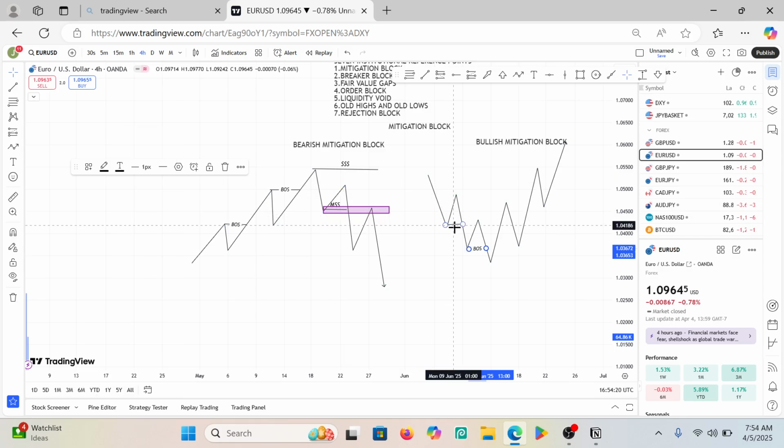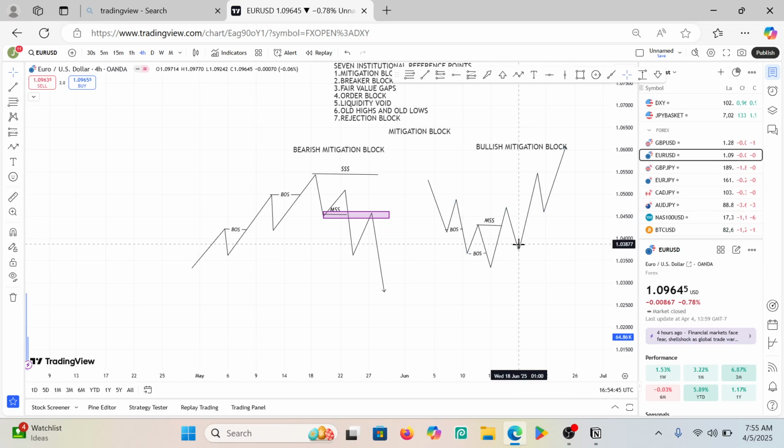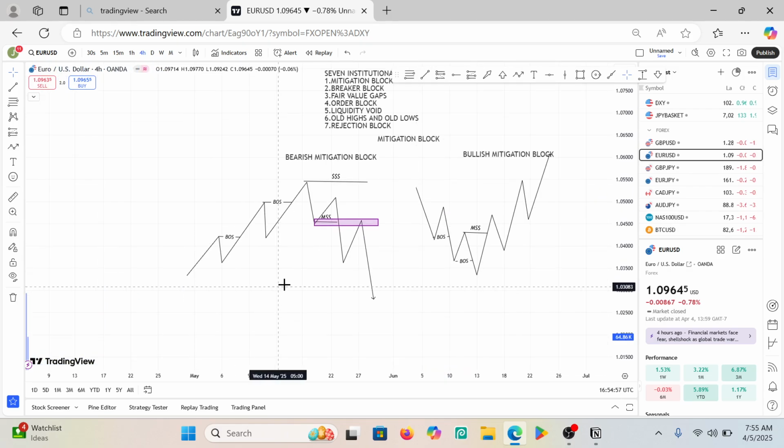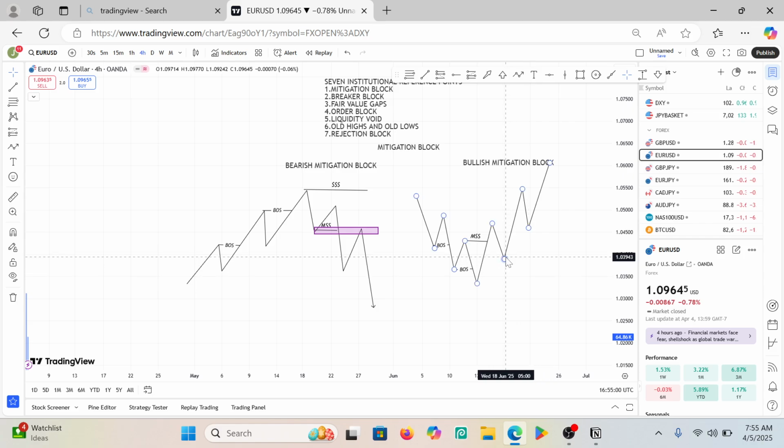There's a break of structure on the downside, and the market changed direction with a market structure shift.